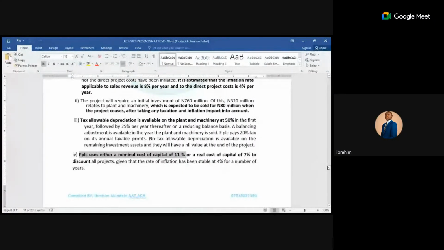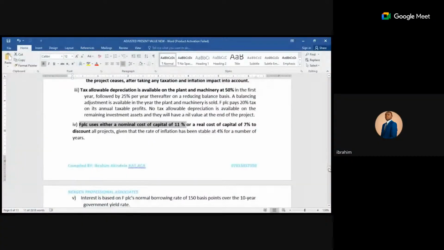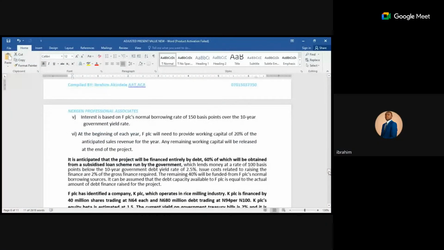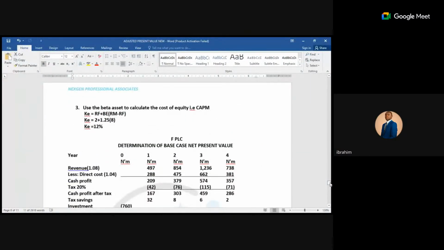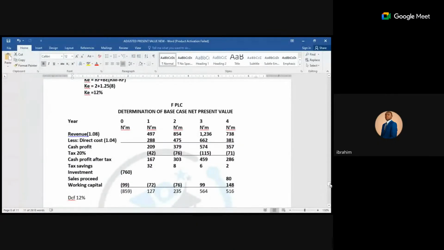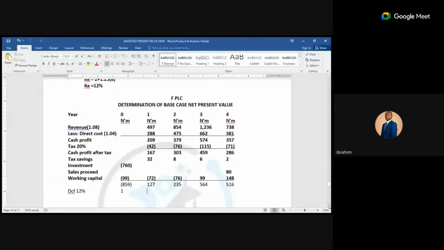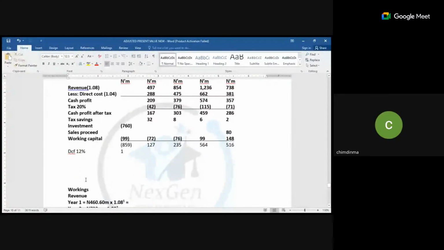Since it is adjusted present value, we have to use the cost of equity of the ungeared company. If it is the normal NPV, you can use the 11% because money goes with money. So the 12% we calculated here is assumed to reflect the money. That is why we should use the cost of equity of the ungeared company to discount. So what do we have here? Quickly, please, class. 0.89.